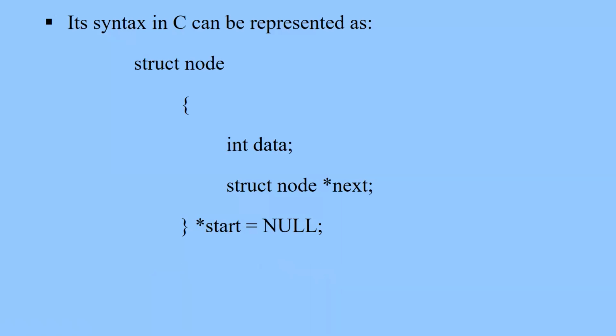So this is a declaration for a pointer called temp that points to the elements of the struct called node, a pointer of type node, which is a structure.